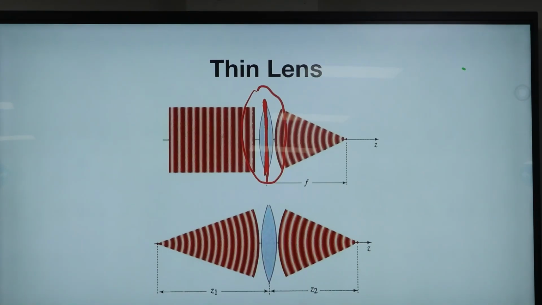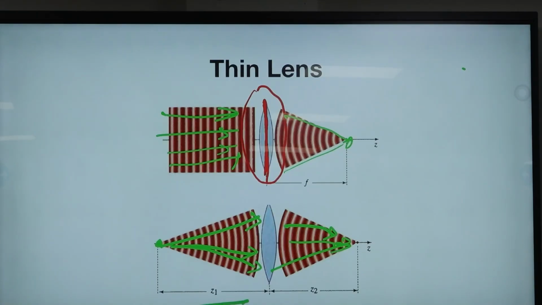So in the ray optics picture, parallel rays are incident on the lens and they focus to one spot. If you have any general point in the ray optics picture, light rays come out from this point and focus onto another point.